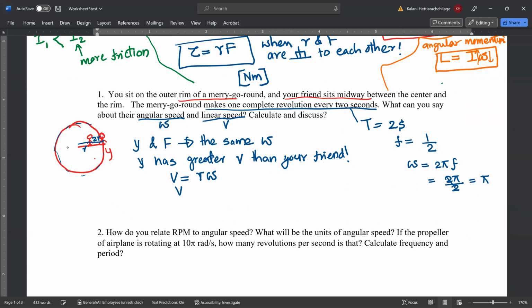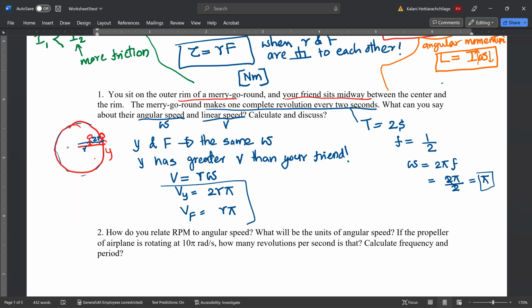Okay, so v for you will be, you see that the distance is 2R now, 2R times pi, because omega is pi in here, right? So for your friend, r is just R times pi. Okay, I will keep it as it is since R is not given.